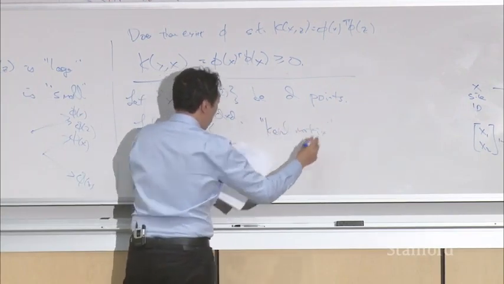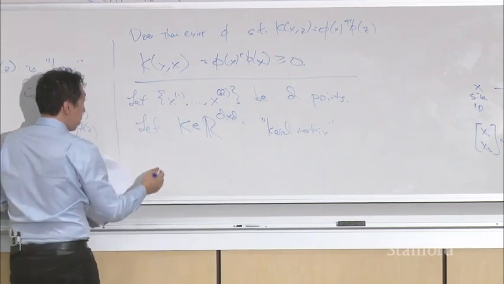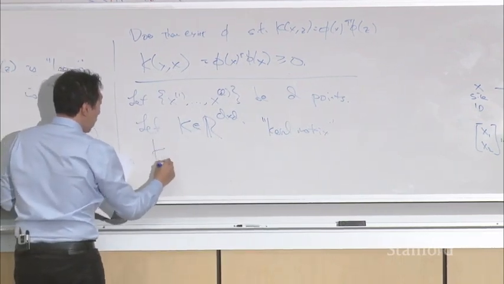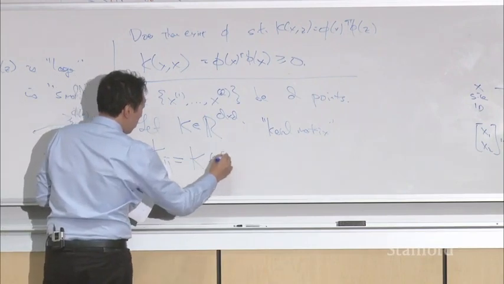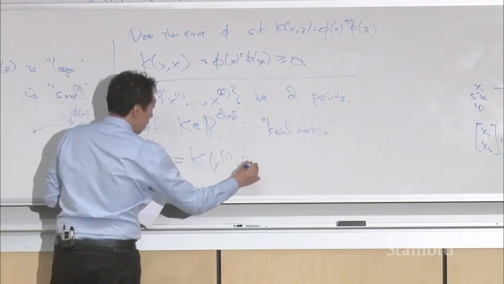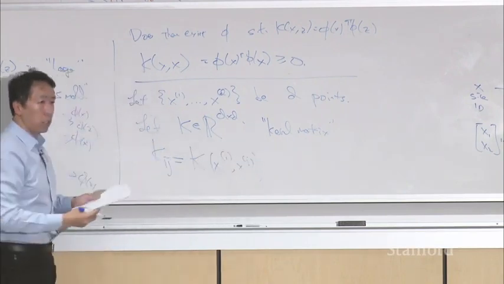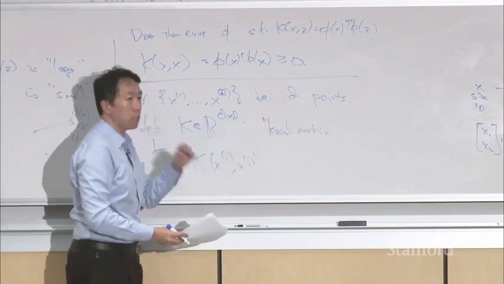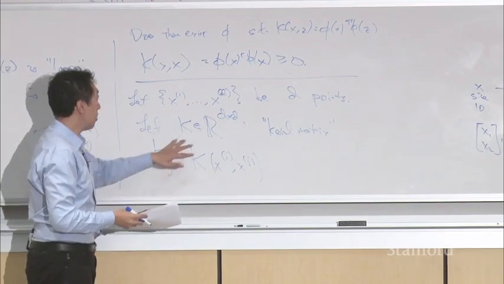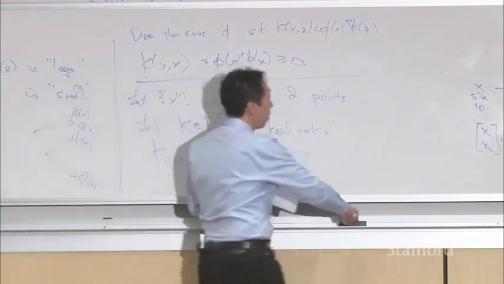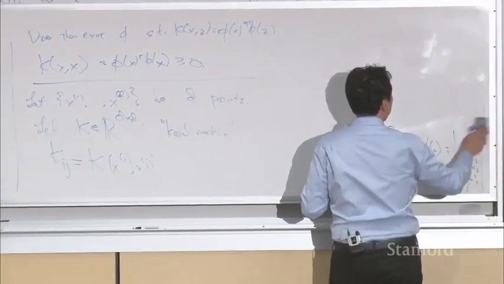Sometimes it's also called the Gram matrix, but it's called the kernel matrix. So that kij is equal to the kernel function applied to two of those points, xi and xj, right? So you have d points, so just apply the kernel function to every pair of those points and put them in a big d by d matrix like that.